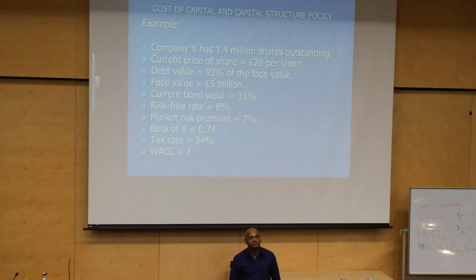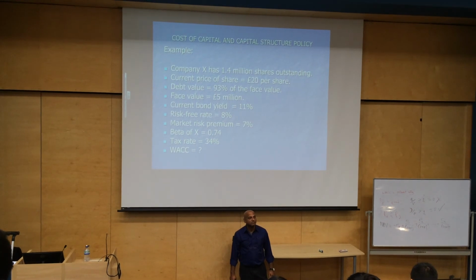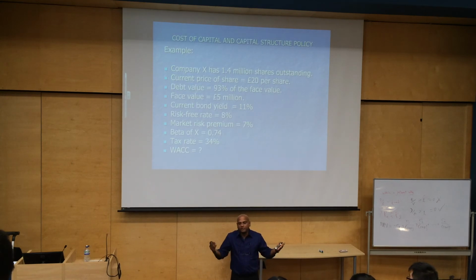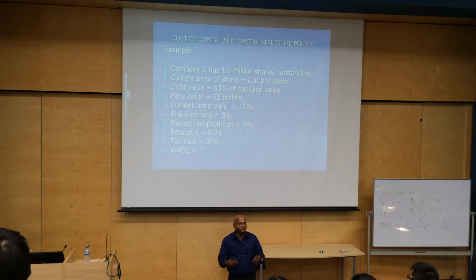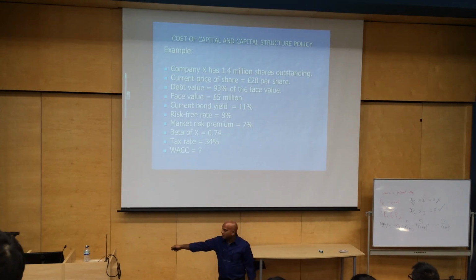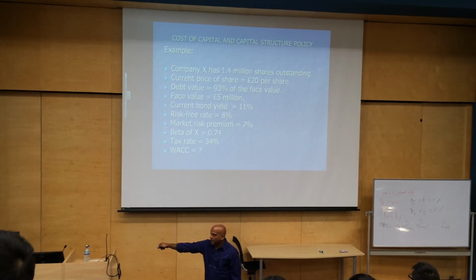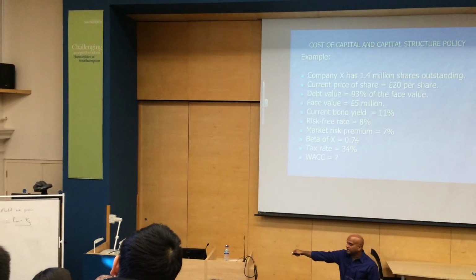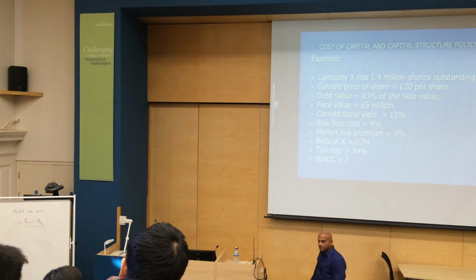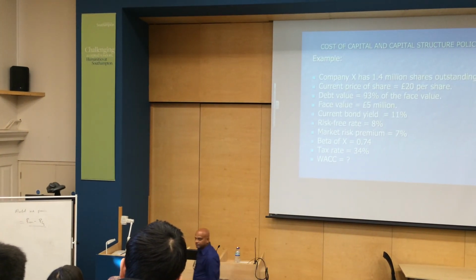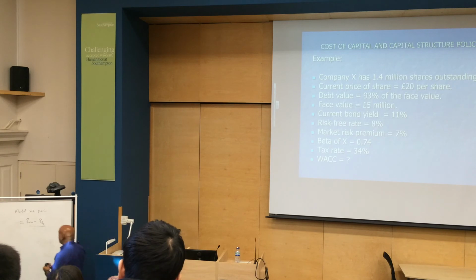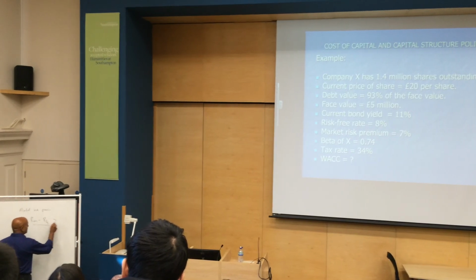Minimum return that they should have. That's the security market line. Market risk premium is what you get above the risk-free rate. That's the risk-free rate, and that's the market return. What the market gives you above. Does it have to be positive or negative? This has to be positive.